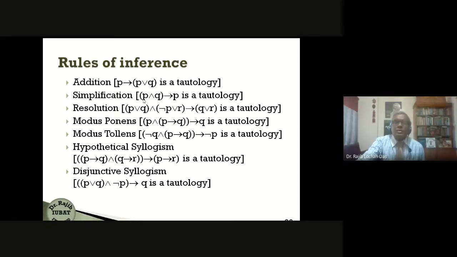So instead of writing P and Q on the left side, we are writing this implies P. That is the decision. The right side is the conclusion and the left side is the premises. This is the simplification rule. If you have P and Q, you can write only one thing.